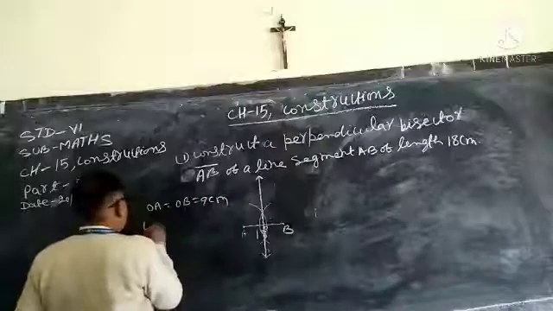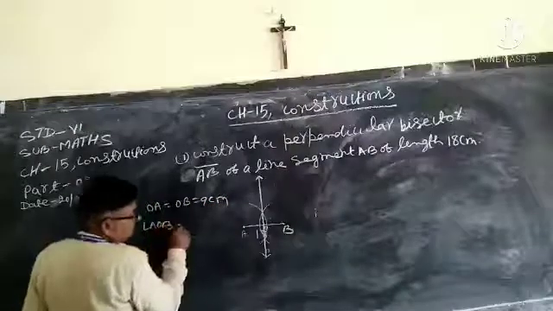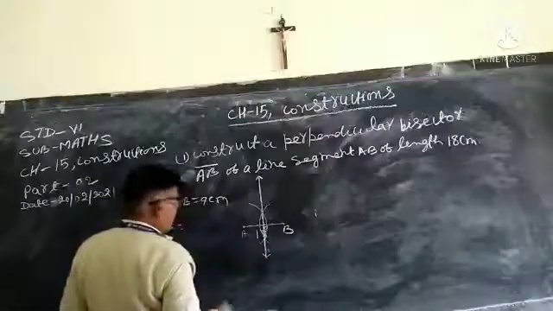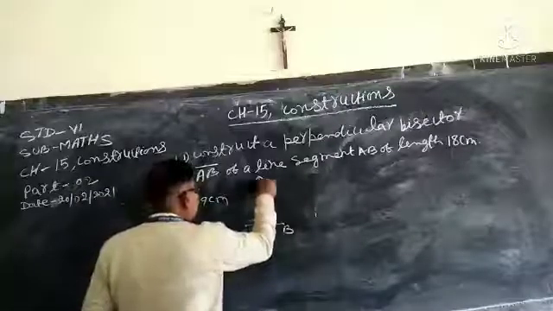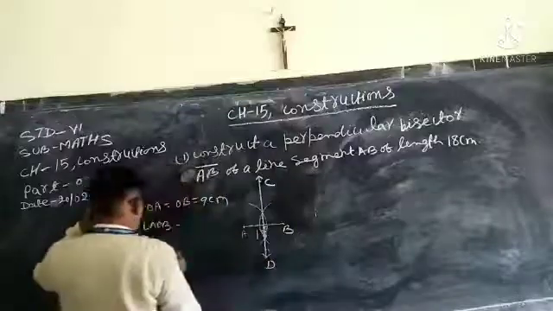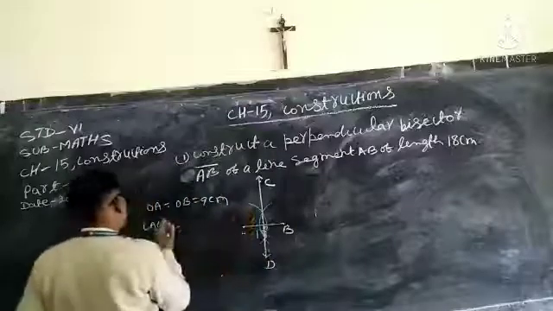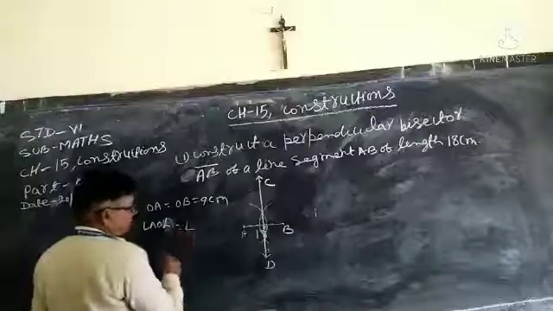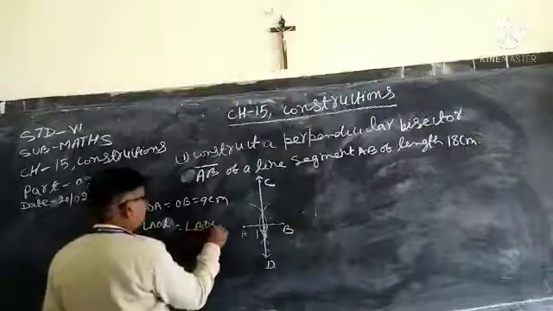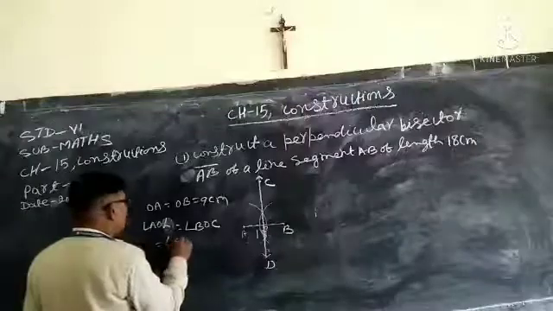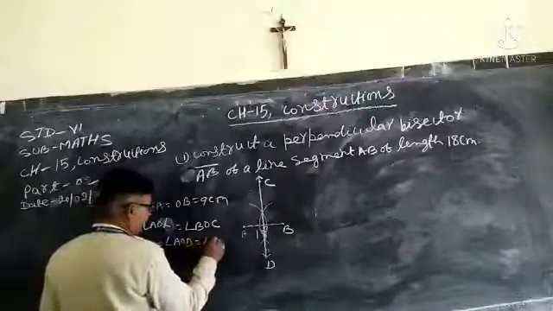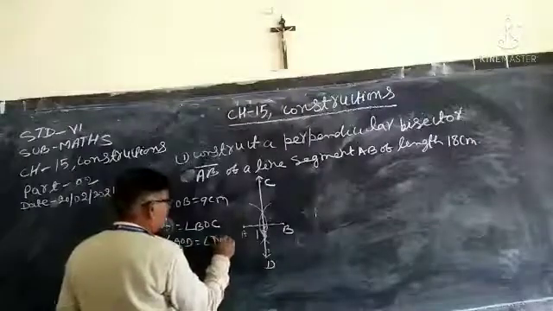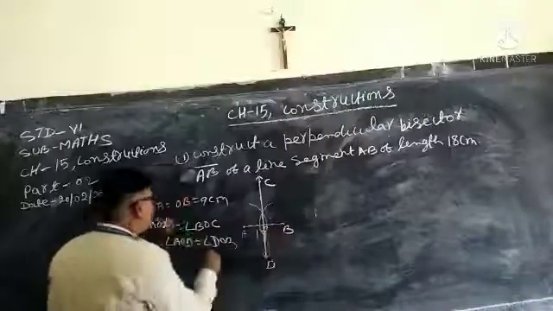Now suppose that this is C, this is A, and this is D, so angle AOC is equal to angle BOC, equal to angle AOD, and equal to angle DOB, each 90 degree.